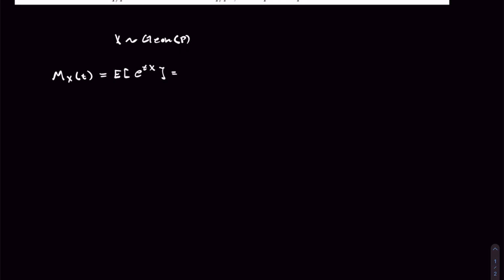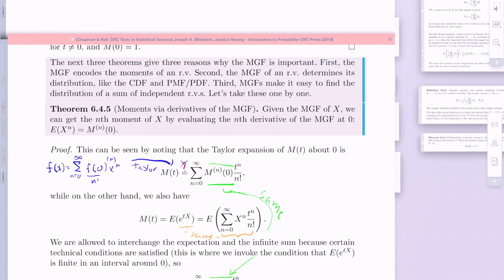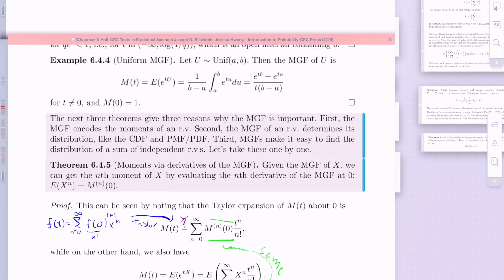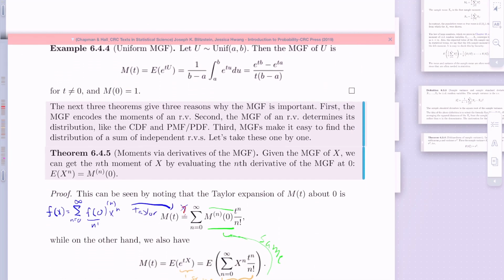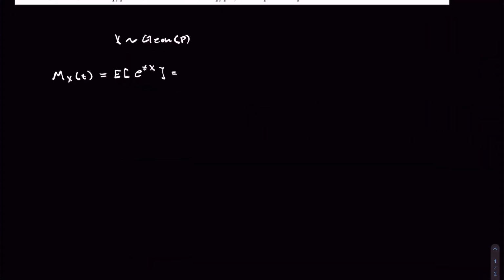After that, by Theorem 6.4.5, page 280, we're going to take the first derivative and the second derivative to get the first and the second moment. I'm going to prove this theorem in another video, but this is the theorem we're relying on when we calculate the mean and the variance of the geometric or any random variable.